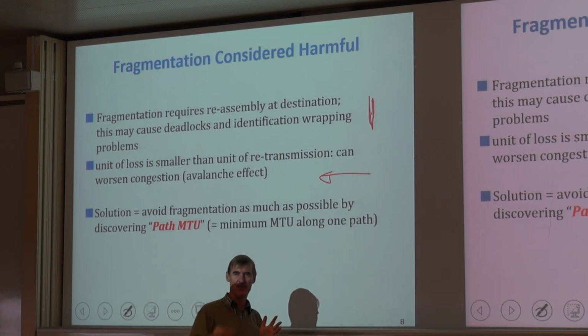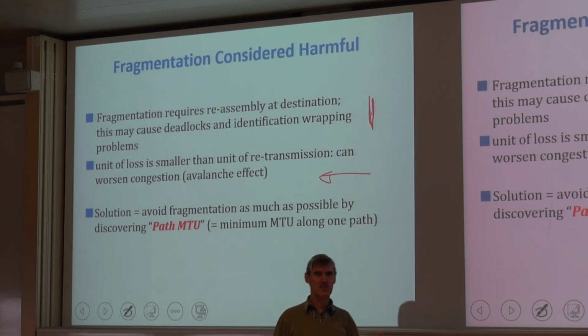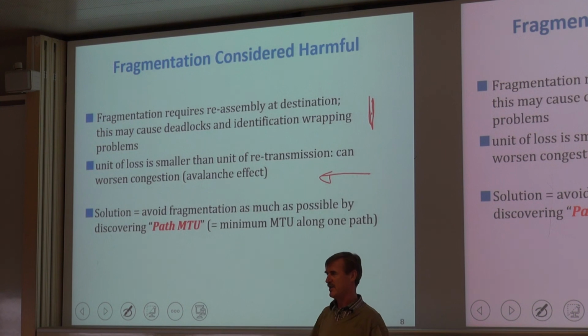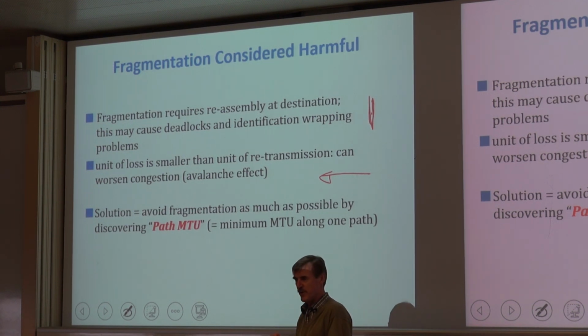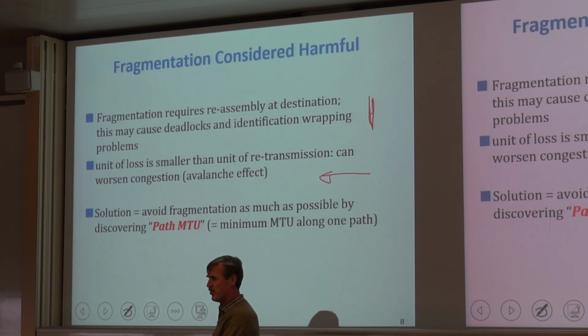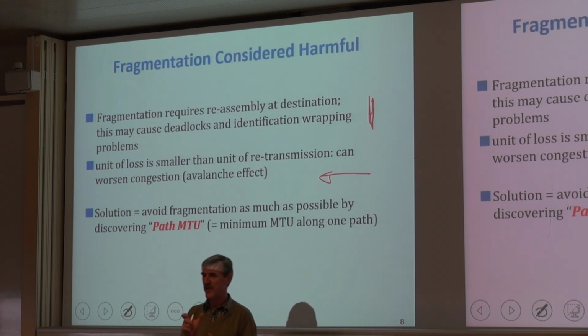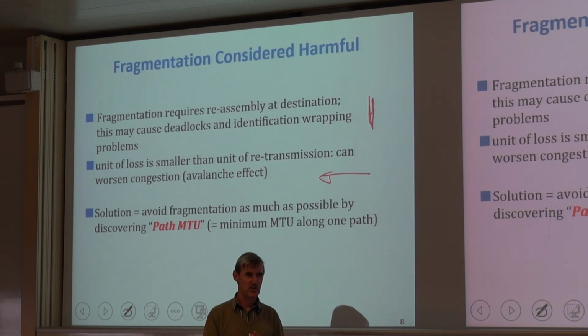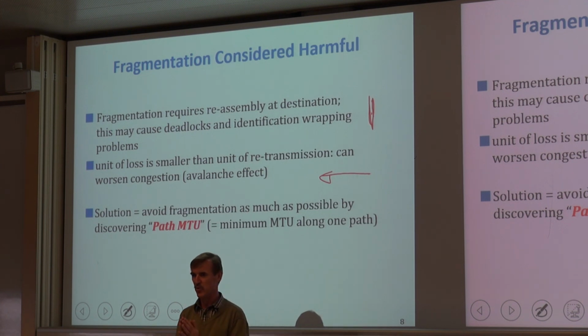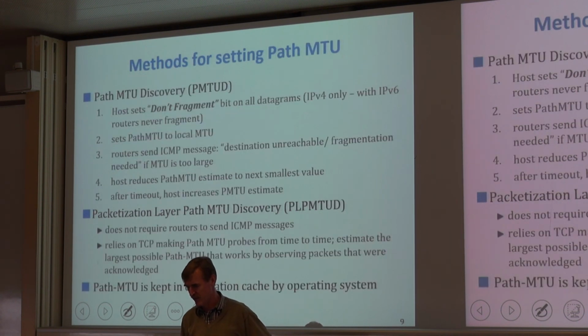TCP will retransmit. By retransmitting, we might even escalate the problem. So the unit of retransmission should be the unit of loss, which means whatever TCP sees, which are the lost segments, should never be fragmented. So with TCP, in principle, we forbid fragmenting in all cases. We do it only for UDP as a user service if you want it.